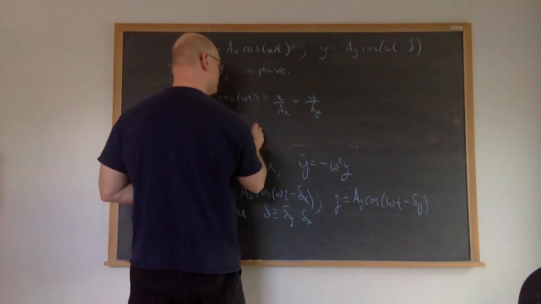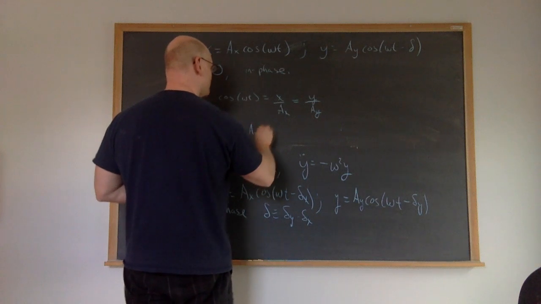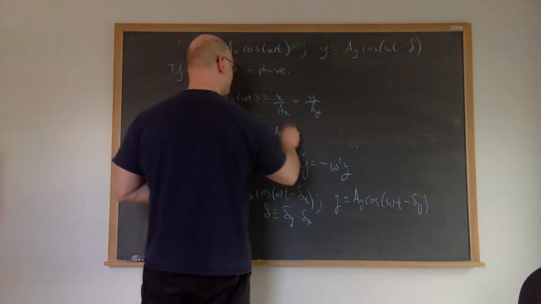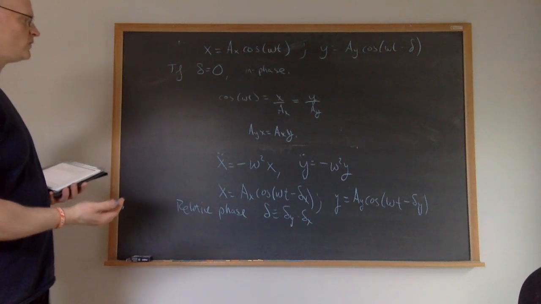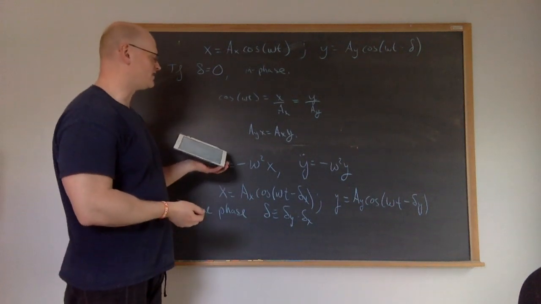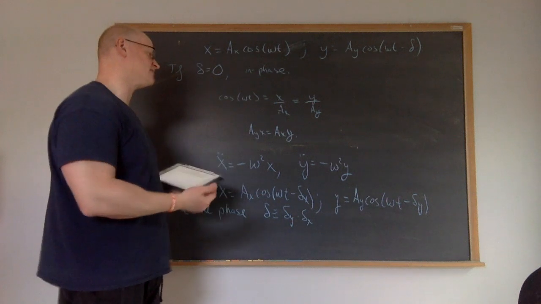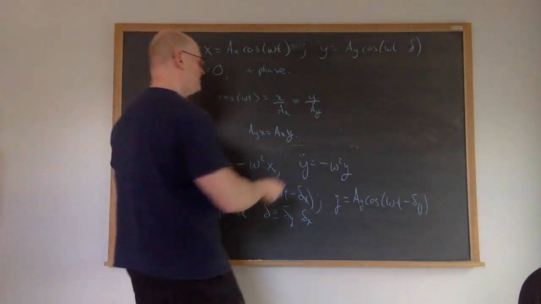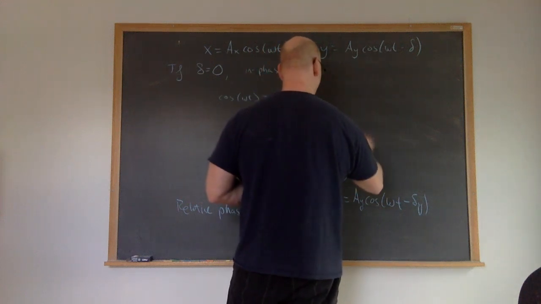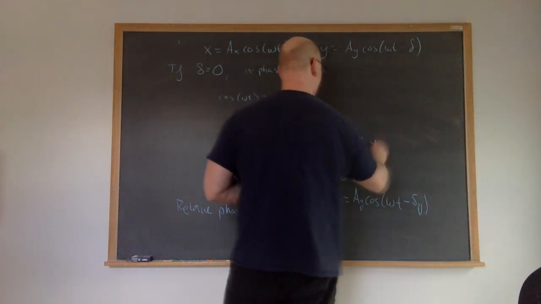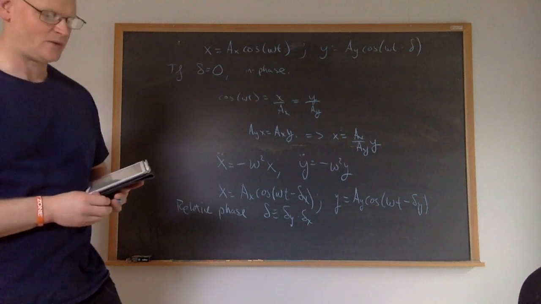So from here, this tells me that Ay times x must be equal to Ax times y, which is actually just the equation of a line with a slope of either Ay divided by Ax or Ax divided by Ay. If we rewrite it this way, this is now x equal to Ax divided by Ay times y. So basically, what happens then?